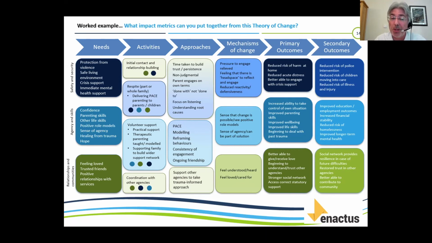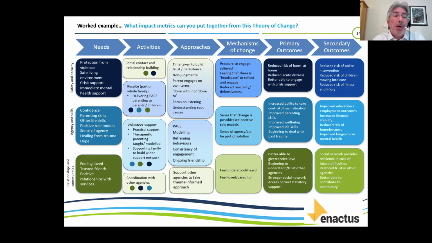It's not just adoptive families here that are being supported, it's a wider range. And finally, they need the relationships and the communities of support around them. These are families that for a number of reasons are very isolated and don't have support networks. We then go, I think, yes, if you can just notice the link between the needs and the primary outcomes.